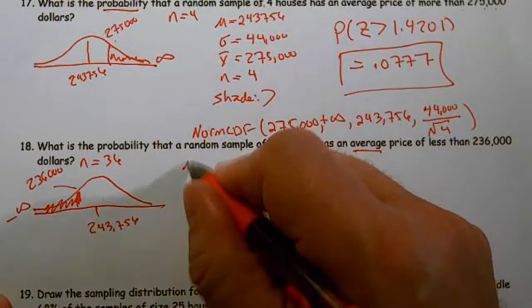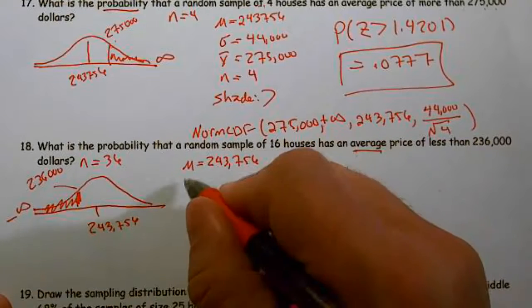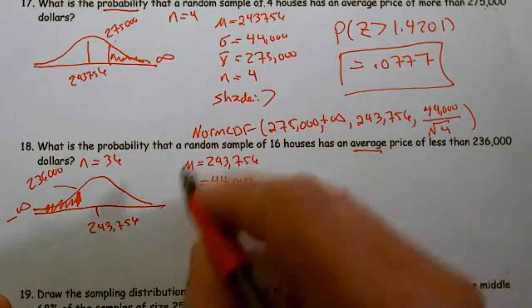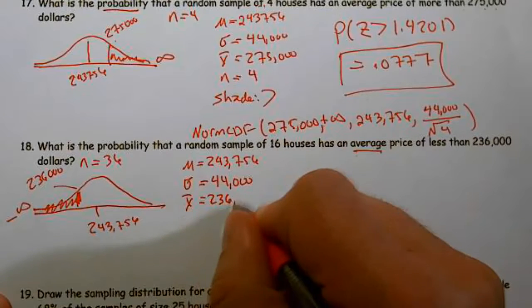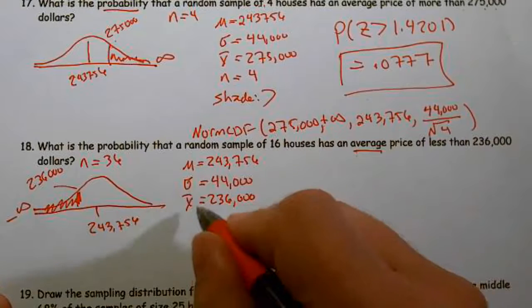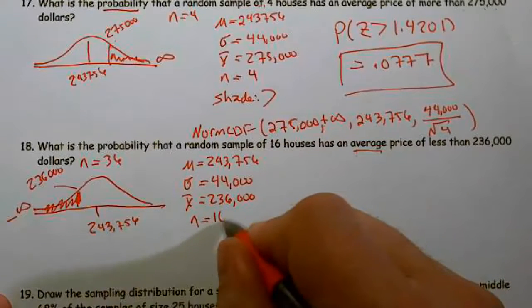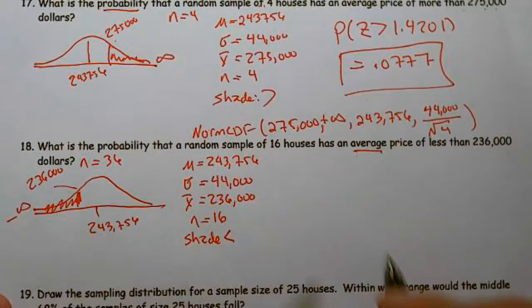So mu equals 243,756. Standard deviation is 44,000. X bar in this case is 236,000. N is 16. Shade left.